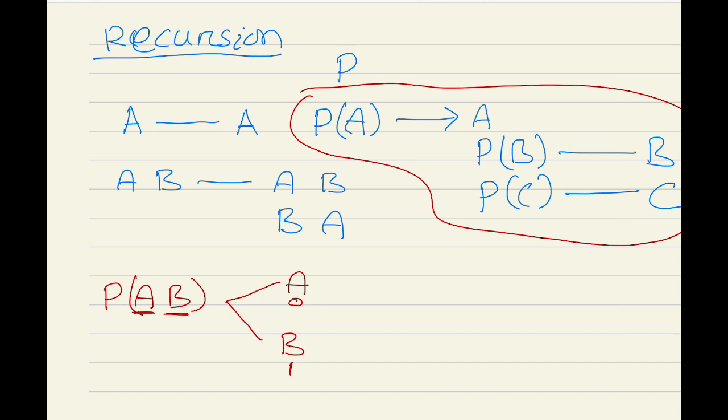So first one character we select, then concatenate this with the rest. So we are concatenating this.